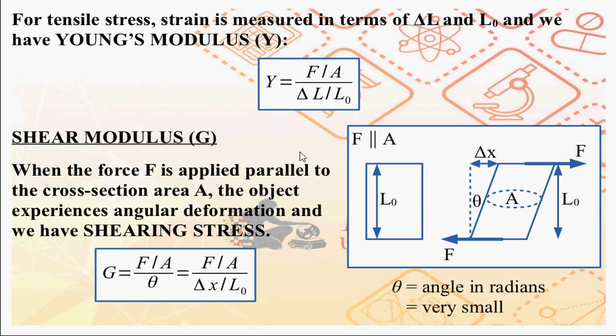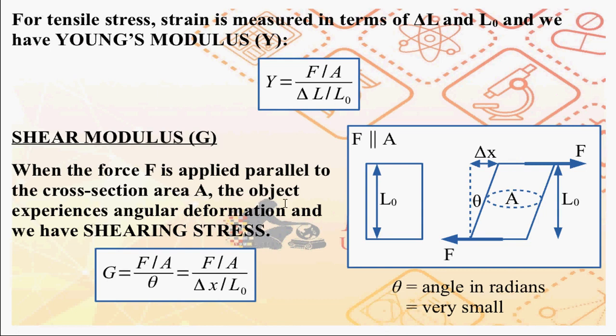On the other hand, if instead of perpendicular to the cross-section area, you apply the force parallel to the cross-section area as shown in this figure, you have shear modulus, and the resulting stress is shearing stress.